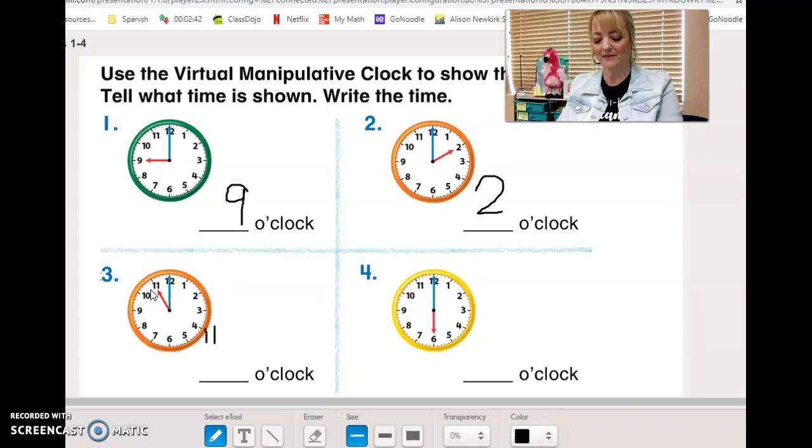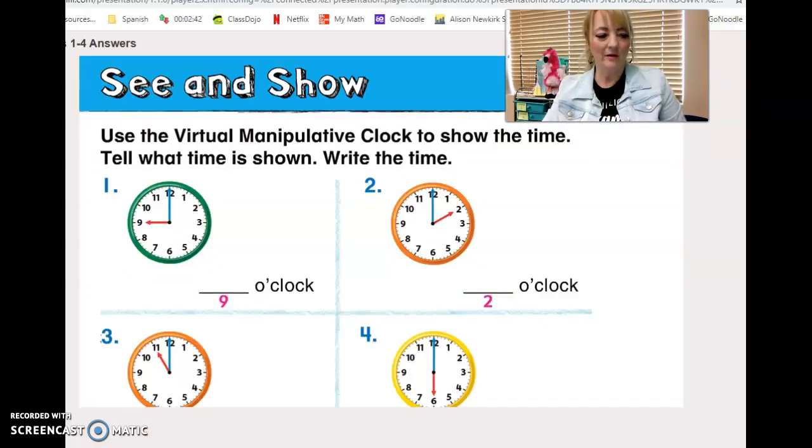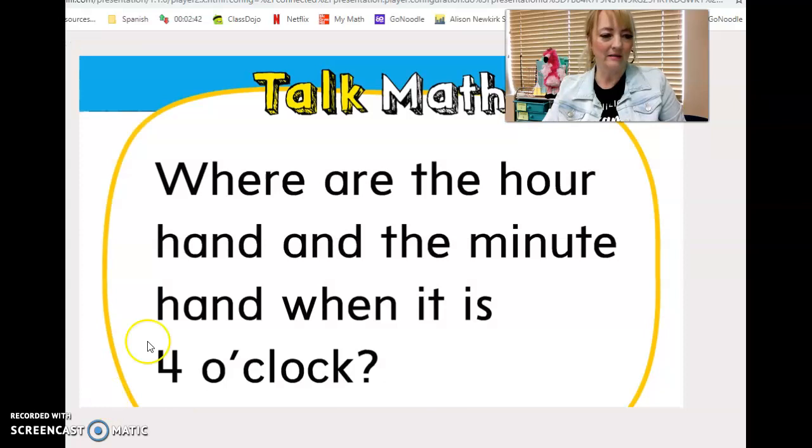Lots of practice here, right? 11 o'clock. And then number 4, where you have the hour hand pointing straight to the 6 and then straight up to the 12. So that will tell us the hour is 6 o'clock. Let me write it up here. 6 o'clock.